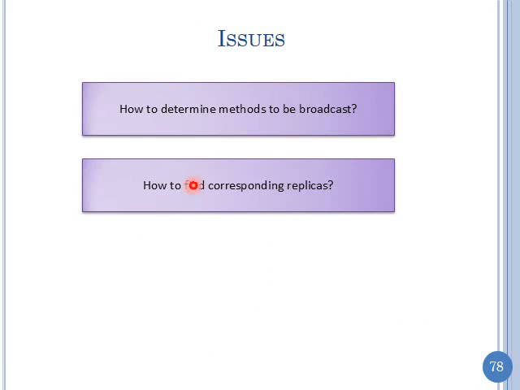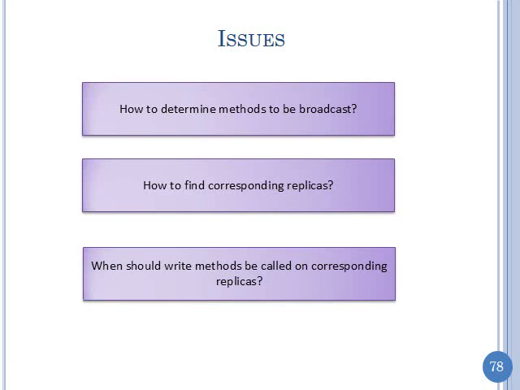Okay. So, we've dealt with two issues. How to determine methods to be broadcast, how to find corresponding replicas, okay? And the more robust solution is this lookup registry-based system, but it requires collaboration awareness, and Xerox did not do that, and so in that case, you could just use sequence of objects, or they might have used some other method, okay? But it would not be very robust because there's no explicit connection, okay? Another question is the when question, okay?